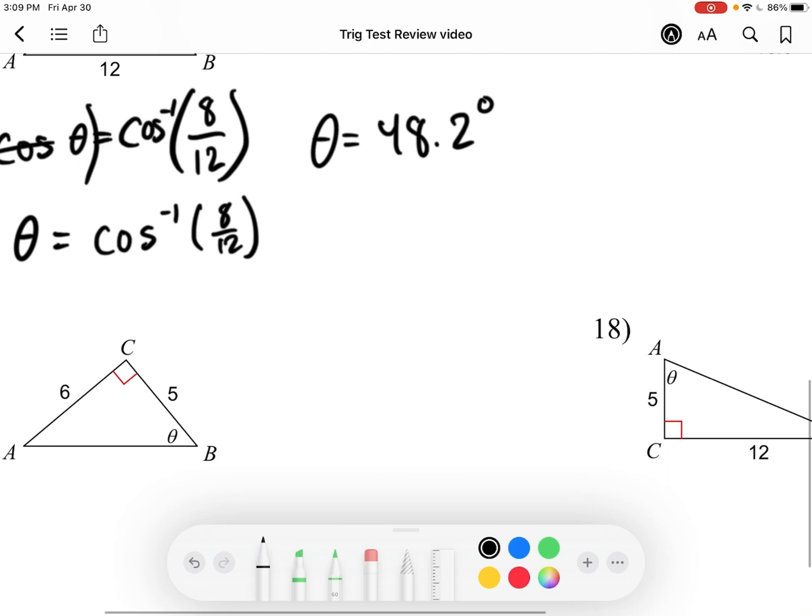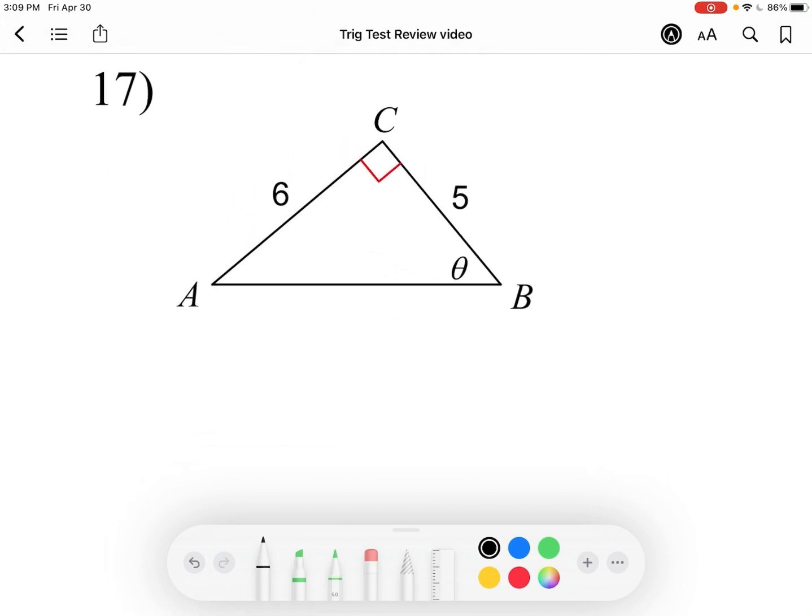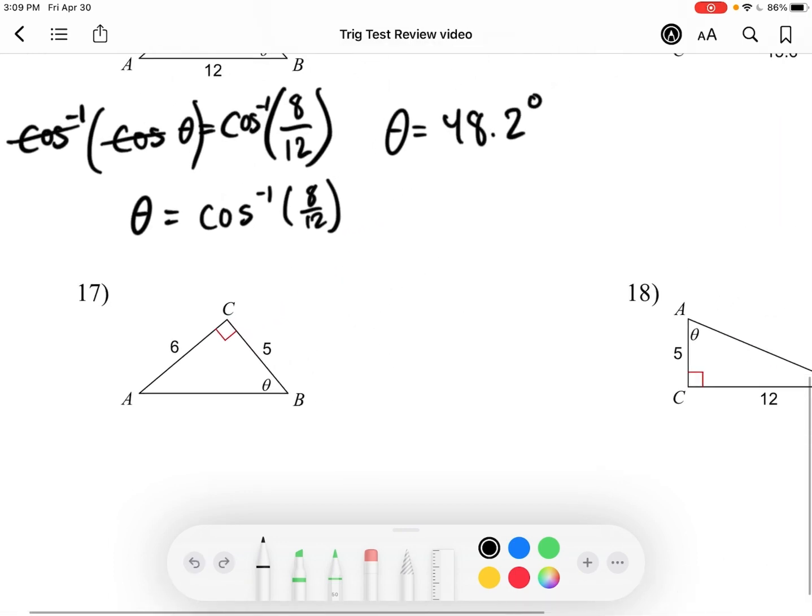All right, for number 17, we're going to find the trig function that we're going to use. Here's theta. We're not given the hypotenuse. We're only given the opposite side and the adjacent side, so we're going to use tangent again. Tangent theta is equal to opposite over adjacent, so 6 over 5.